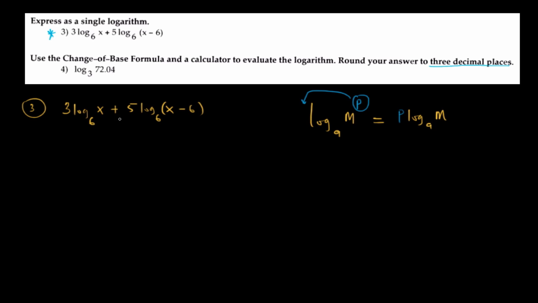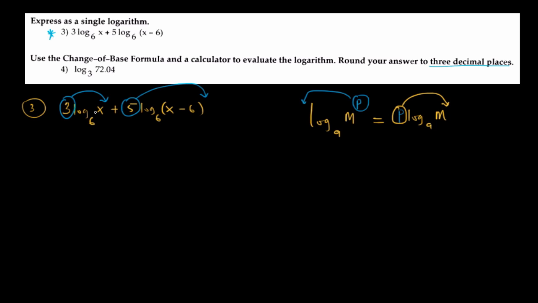So what's happening here is I'm going to do the reverse operation. You'd observe that the coefficient here was here initially. So what you have here is a coefficient, which is 3. I'm going to bring the 3 here and it becomes a power, and the 5 that you have here is also going to become the power of (x − 6).